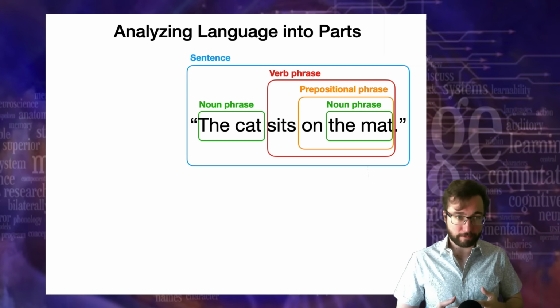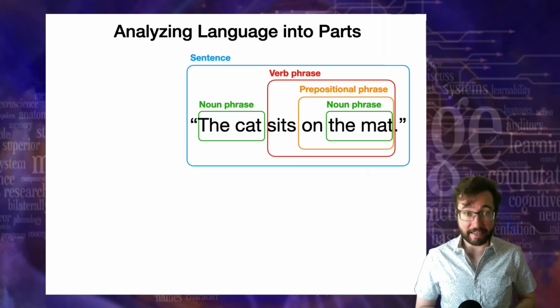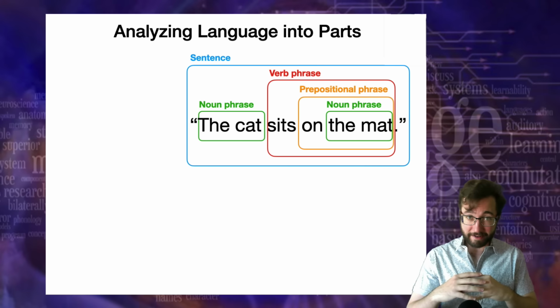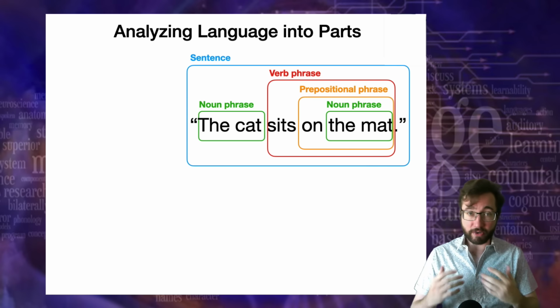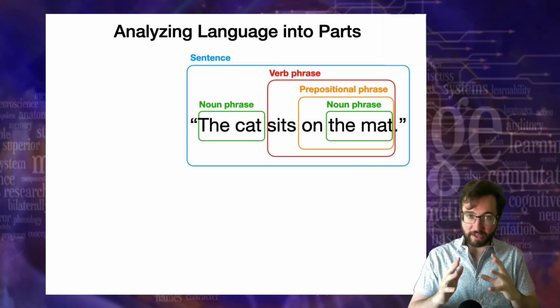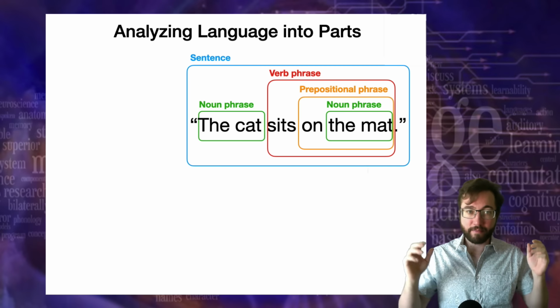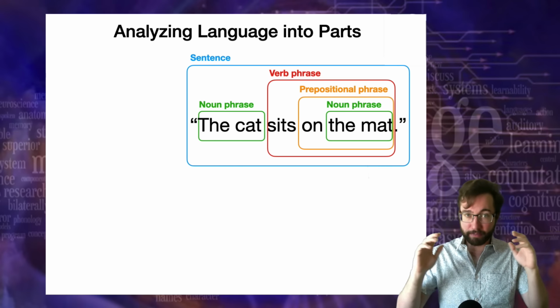So we have a sentence which contains inside of it a noun phrase and a verb phrase. And that verb phrase contains inside of it a prepositional phrase. And that prepositional phrase contains inside of it another noun phrase. So we see that the structure of a sentence has this nested, recursive structure. It's like Russian dolls. You have phrases inside phrases. You have a verb phrase that has inside of it a prepositional phrase.